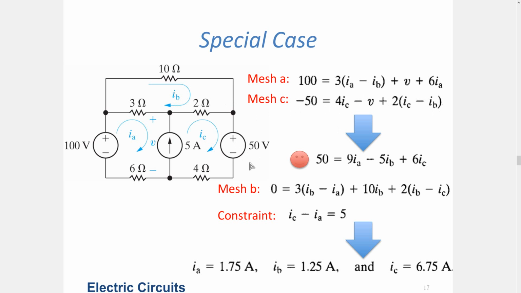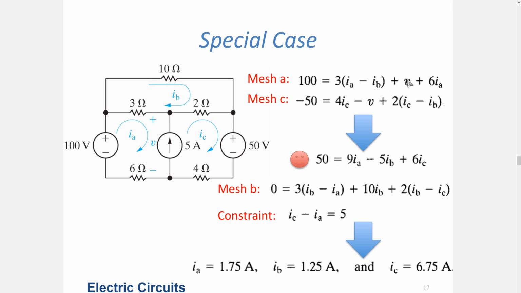Now let's take a closer look, and if you see that if we sum these two equations, we will obtain this, and we get rid of the V, as you can see. Remember, the same thing happened with the supernode. This will be the super mesh.